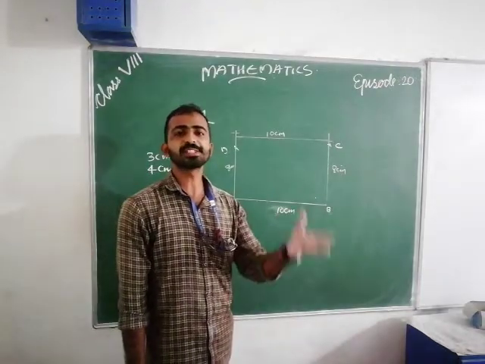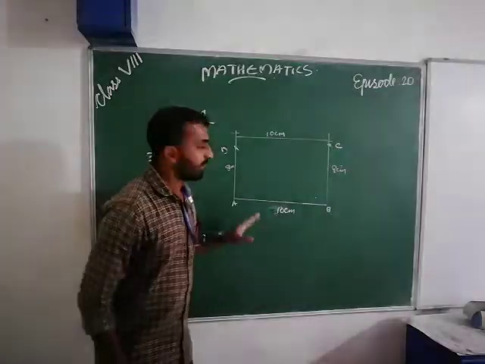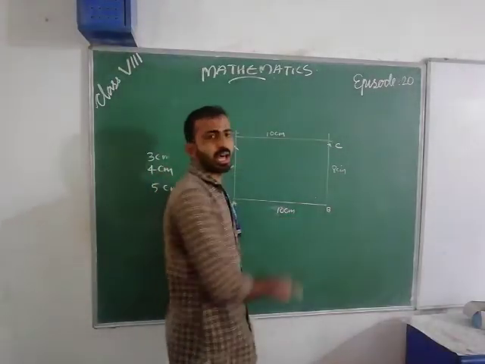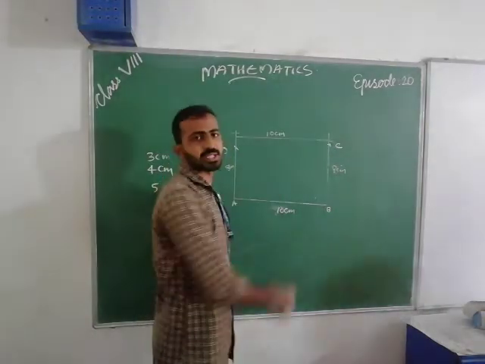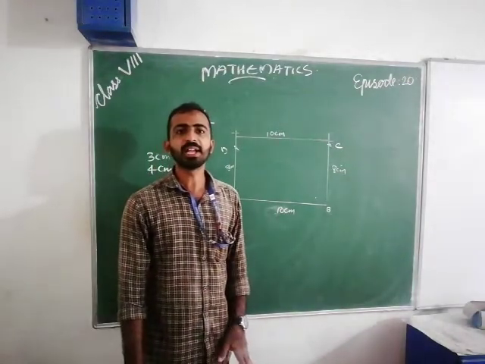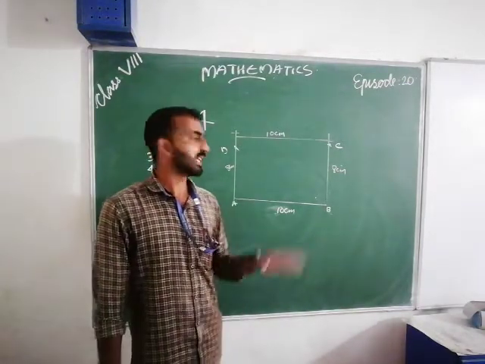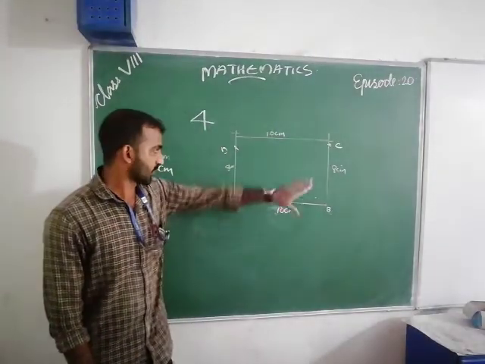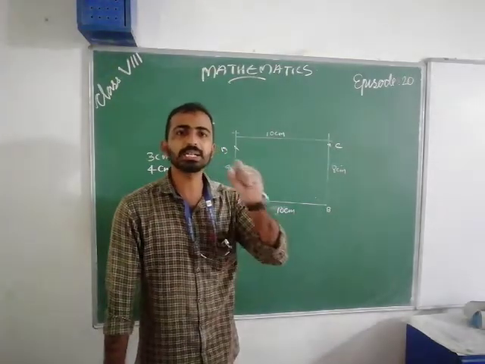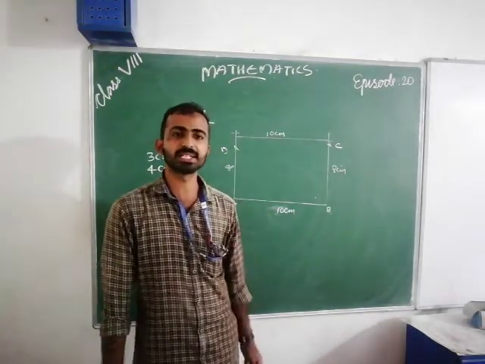And next is how to draw a square. What is the property of a square? A square has all sides equal. The same process as a rectangle. Square means all sides are equal and the angle is 90.